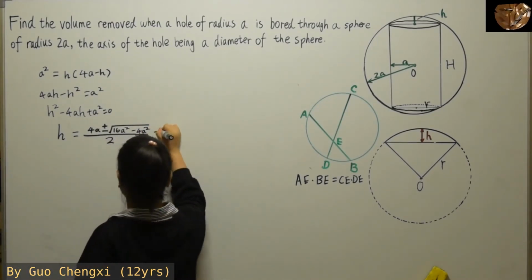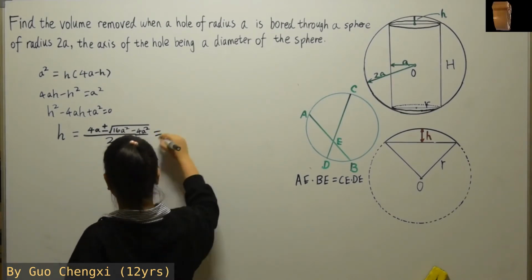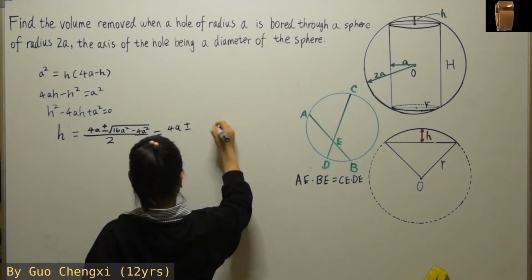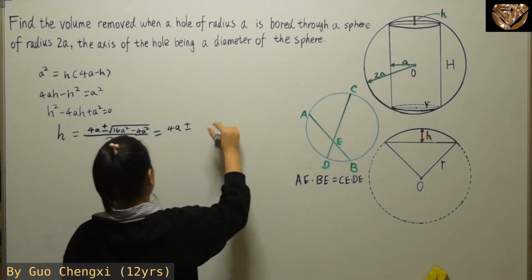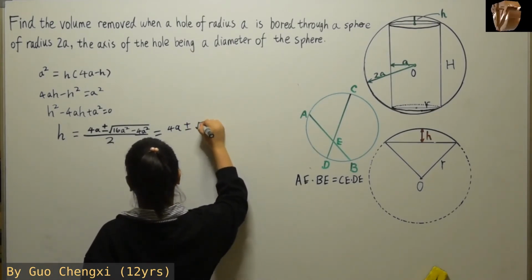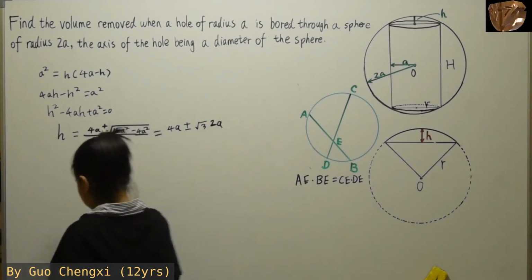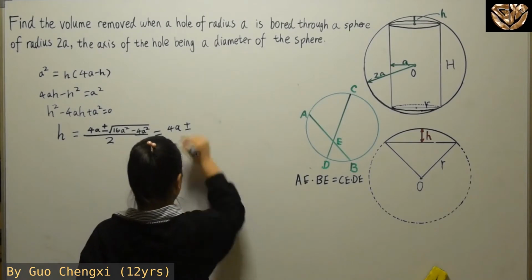And if we calculate it over here, what we're going to get for this part is 4a plus minus the square root of 3, to 2 square root 3a.